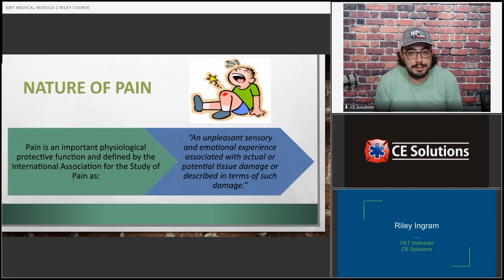So read that definition. When you read it to yourself, a couple things stick out at me that can be gray area for sure: described in terms of such damage. So if you're good with your words, then you can talk somebody into agreeing that you are in pain, clinical pain, right?